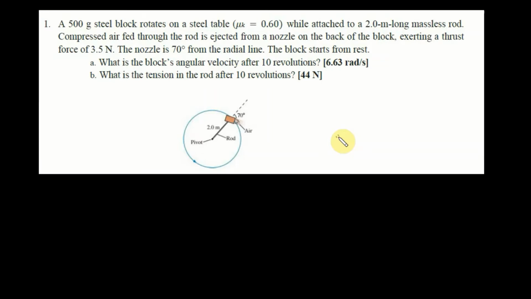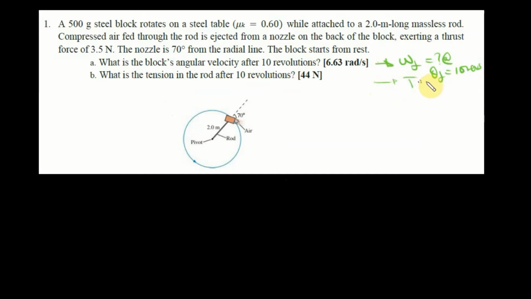So we're required to find the block's angular velocity at 10 revolutions. So we must find omega final at theta final of 10 revolutions. And we're supposed to find the tension in the rod after 10 revolutions.